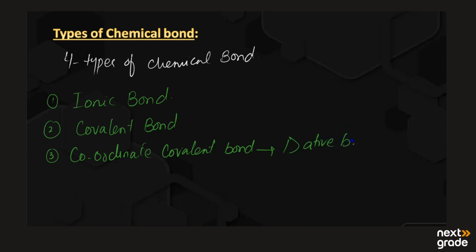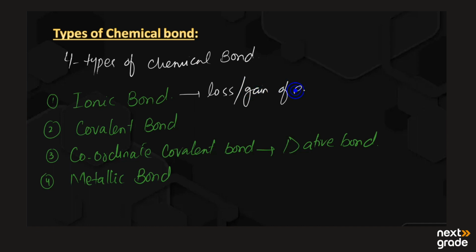And the fourth one we have is the metallic bond. So basically these are the four types of chemical bonding. Ionic bond, where there is the loss or gain of electrons. In covalent bond we have sharing of electrons.